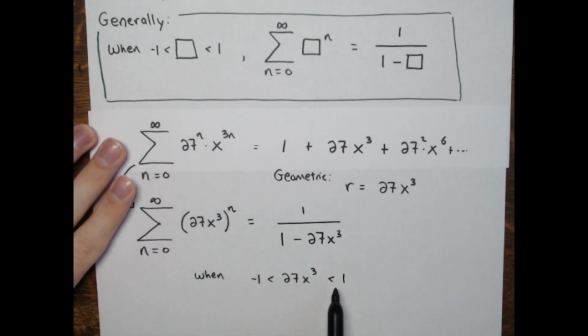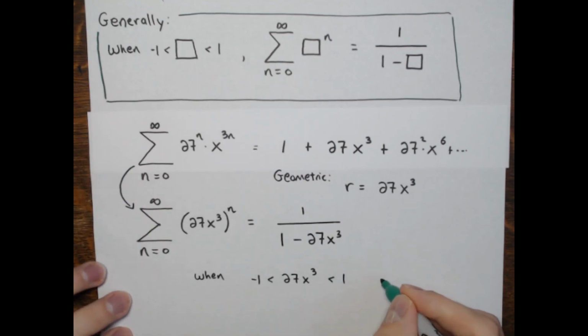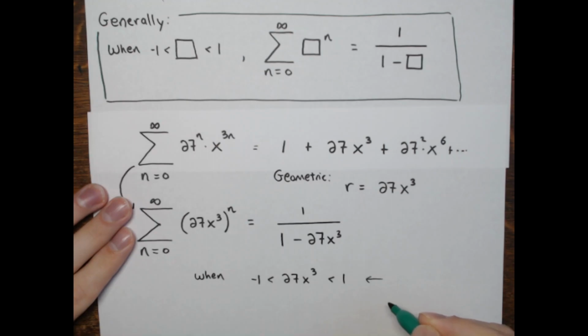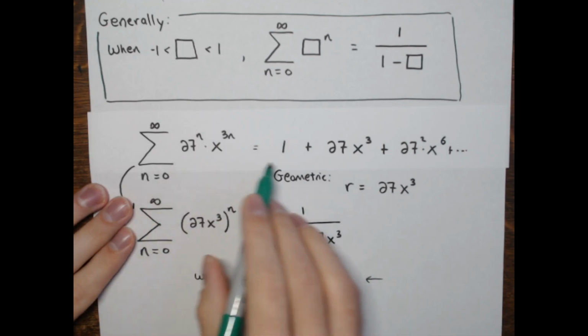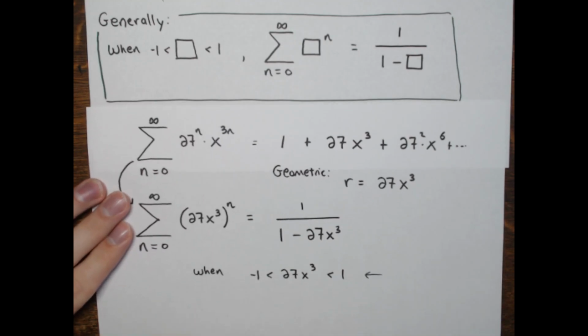And then I solve this for x, and we get what's called the interval of convergence, the values of x that I can plug into this series and have it be convergent. We saw interval of convergence and radius of convergence in section 6.1.